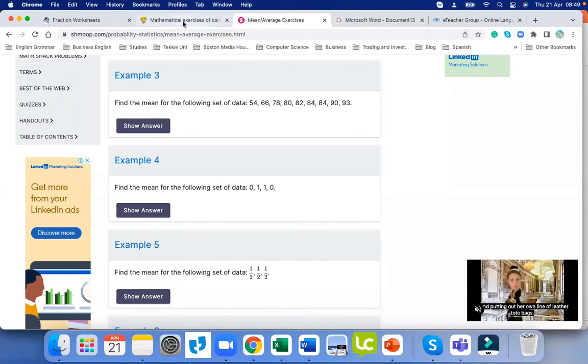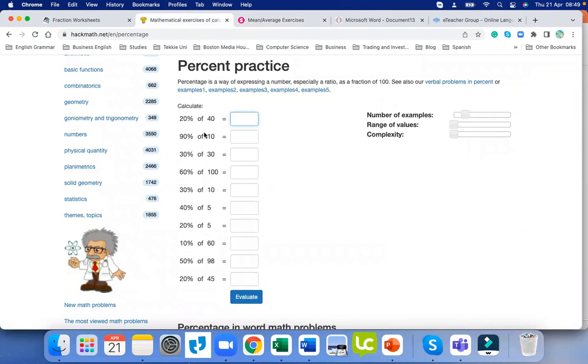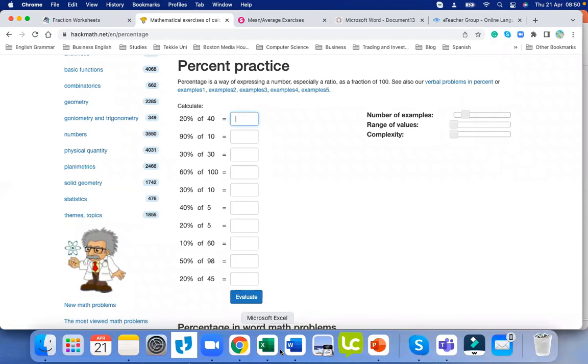Okay, so let's do some more exercises here. Let's do the first one, 20% of 40. Okay, so Shelley, don't move on.